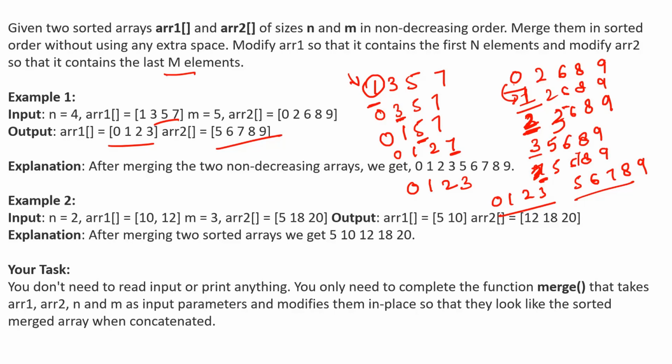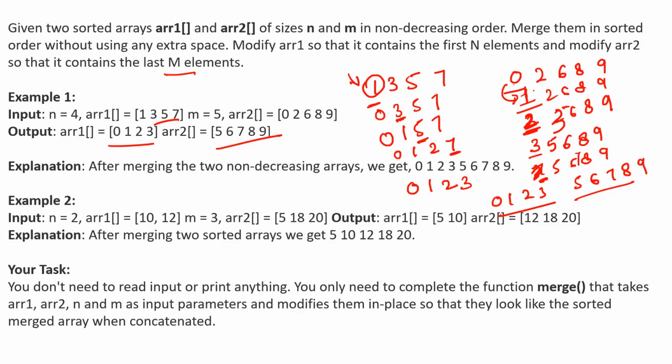Now after swapping, you have to make sure that the new element which you have got in ARR2 is at its correct position, because we have to make sure that ARR2 remains sorted even after swapping. So you have to check this part as well. You have to make sure that the swapped element which you have got from ARR1 is placed at its correct position in ARR2. So these are the two things that we have to check. I hope the logic is pretty much clear to you.